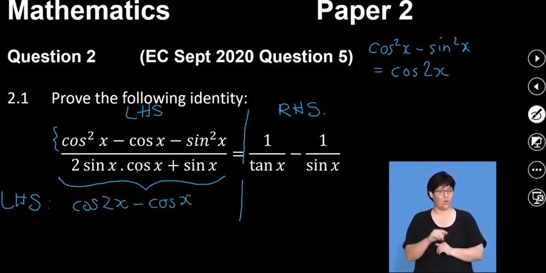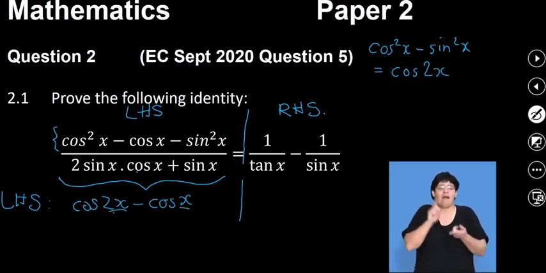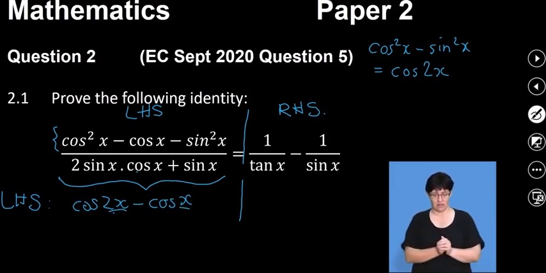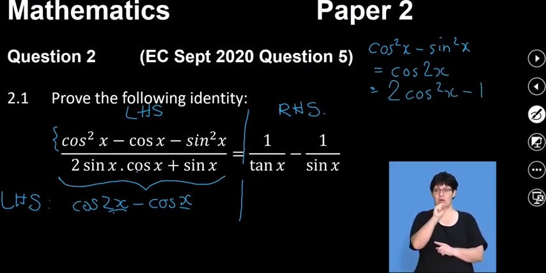And the reason that's not useful is because I can't really work with ratios when they have different angles. So let's try and bring that cos of 2x back into a cos of x by rewriting the cos of 2x as 2 cos squared x minus 1.